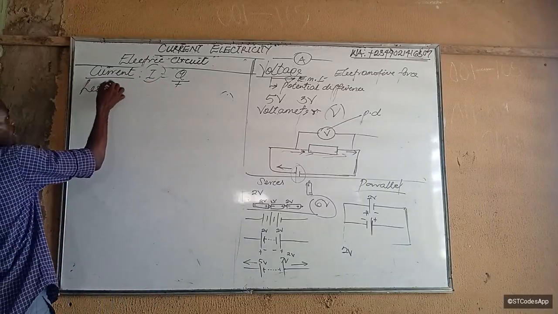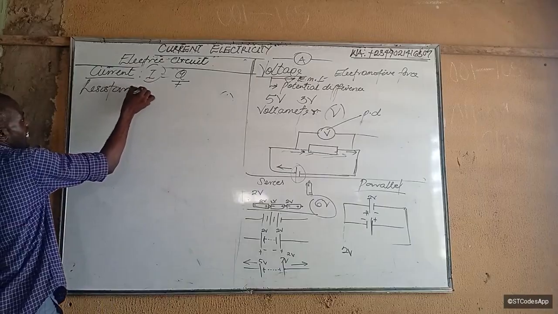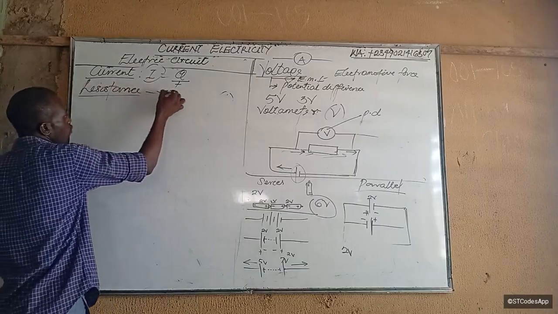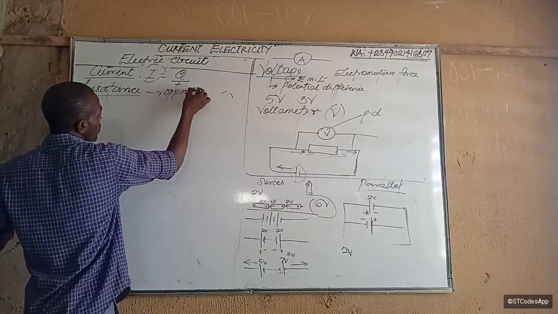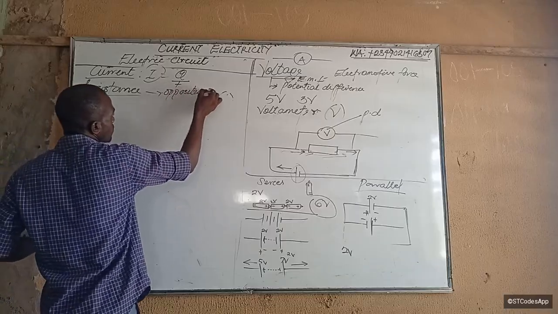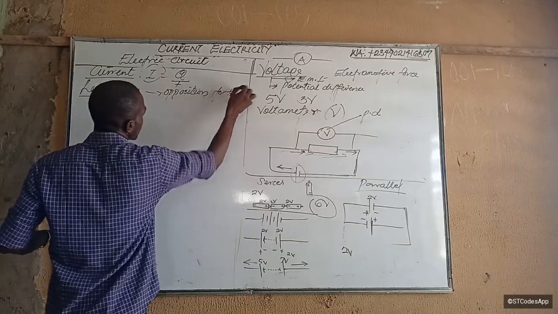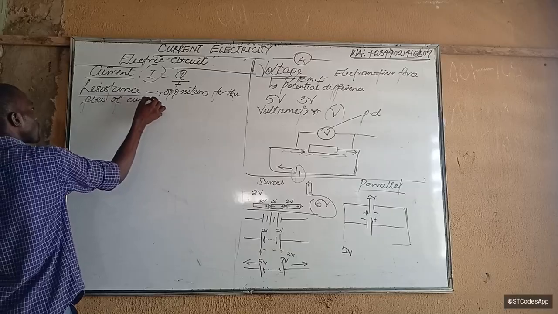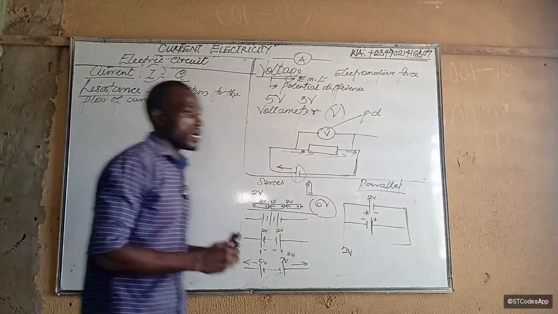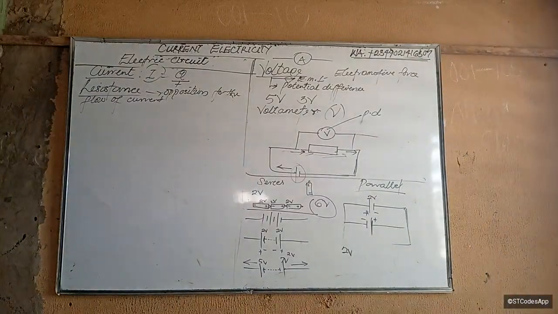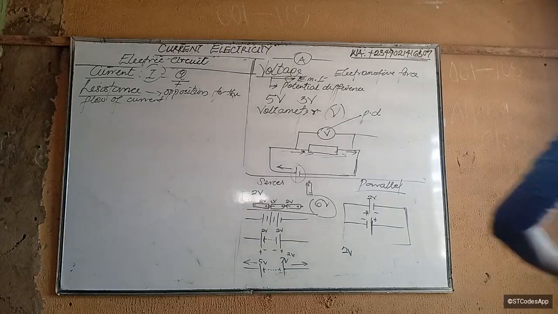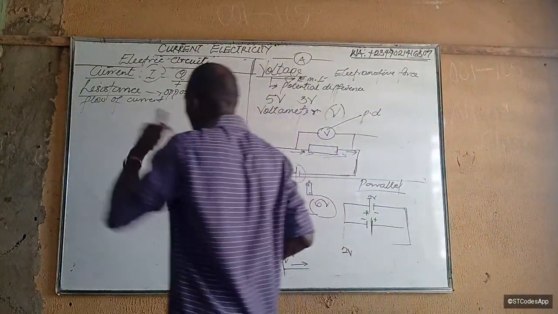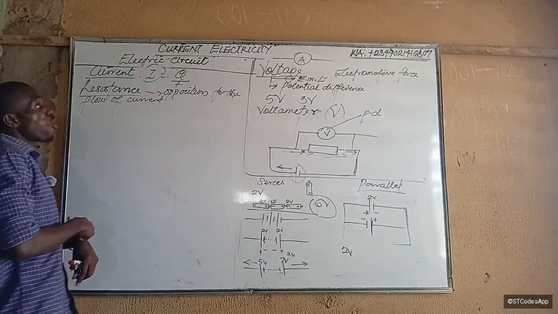Maybe there's something more I can remember. Now, resistance is just opposition to the flow of current. So resistance is the opposition to the flow of current.